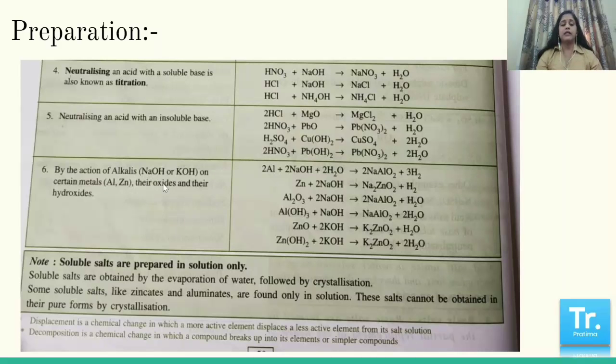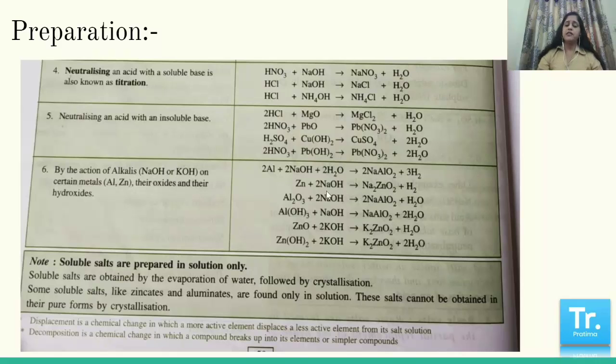And then the action of the alkalis on certain metals, aluminium and zinc, aluminium oxide, zinc oxide, lead and zinc. We have done it in the analytical chemistry and also discussed it when we were talking about amphoteric metals, amphoteric oxides and amphoteric hydroxides.